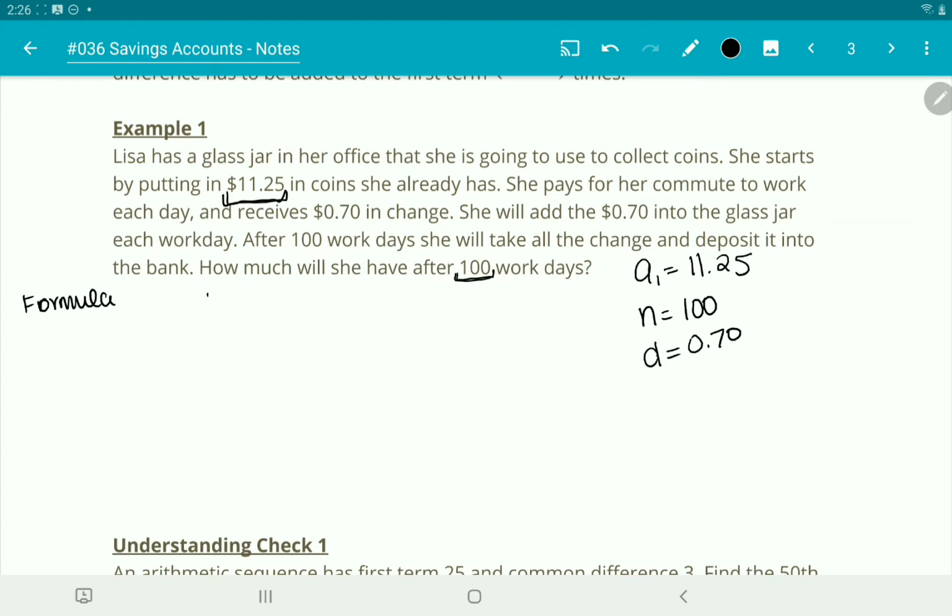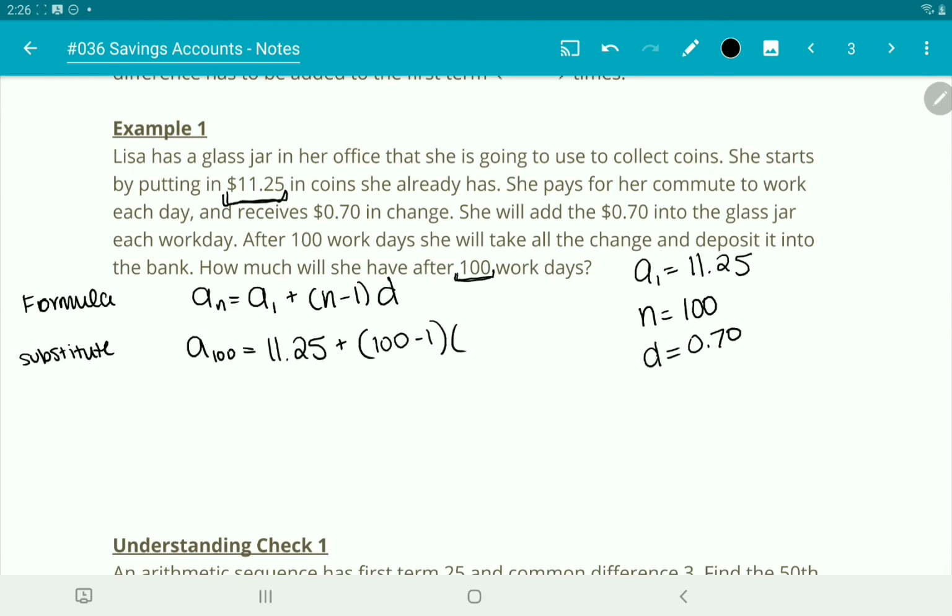So above we wrote that a sub n is going to be equal to a1 plus n minus 1 times d. Okay, so now we're going to substitute in our values. So we're looking for a sub n, where n is 100. We have a1 is 11.25 plus n again is 100. We have this minus 1 still, and we're multiplying it by this value for the difference, which is 0.70.